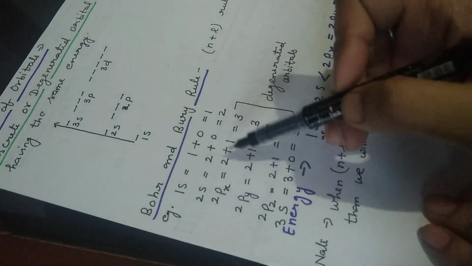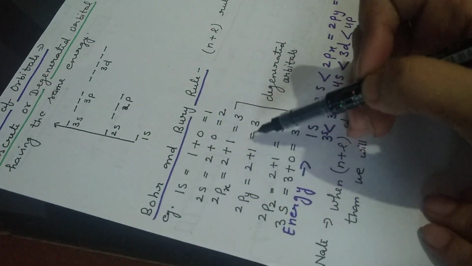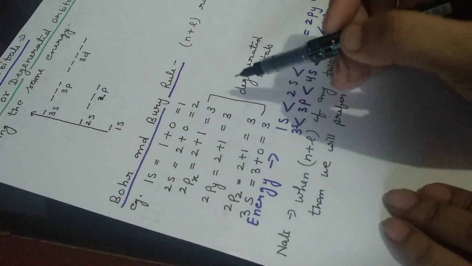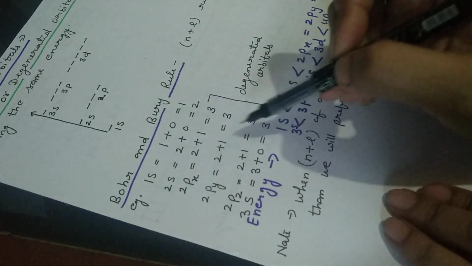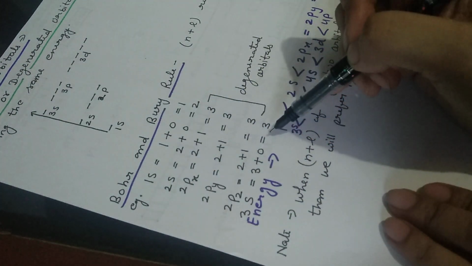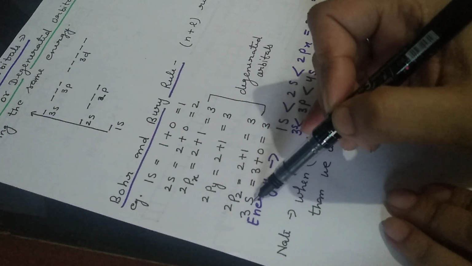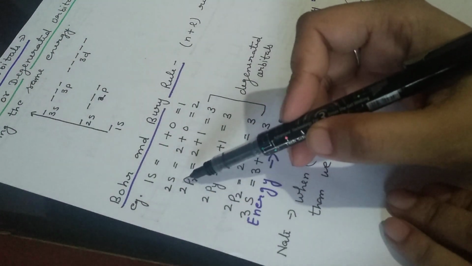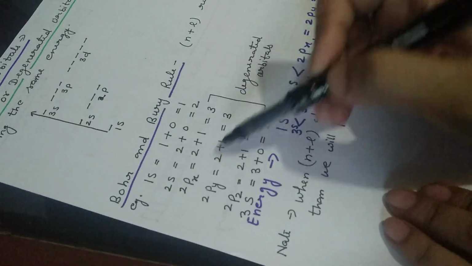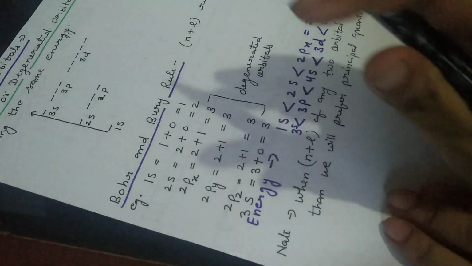In 2px, 2py, 2pz it comes to 2 plus 1, which is 3 each, and 3s also comes to 3, but it belongs to s, so we will only talk about the p orbitals. These orbitals belong to p, so they are called degenerated orbitals.